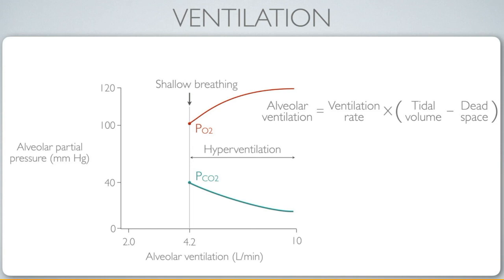And the reason why you faint, just as an aside, is that this hyperventilation drives a drop in the partial pressure for CO2. That increases blood pH. And an increase in blood pH causes a constriction of arterioles in your brain, which in turn causes you to pass out.